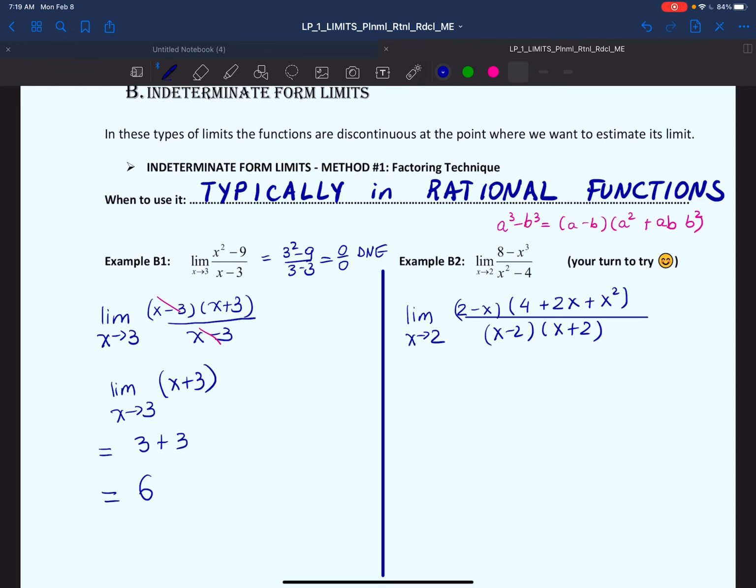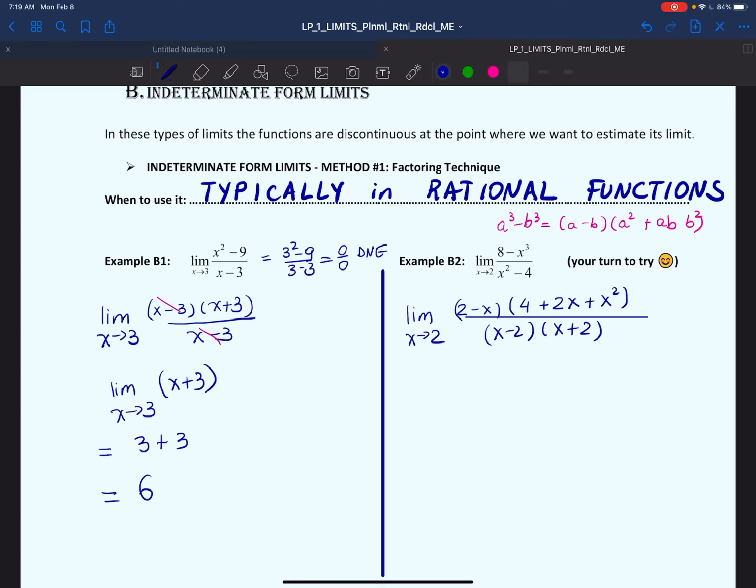Okay, so we check for common factors to simplify, and what gets my attention is 2 minus x and x minus 2. They're pretty much the same, but notice that even though they have the exact same terms and a minus in between, you see that number 2 here is negative 2 here, and here we have negative x, a positive x. So the signs of each term are opposite. That means that these two binomials are opposites of each other.